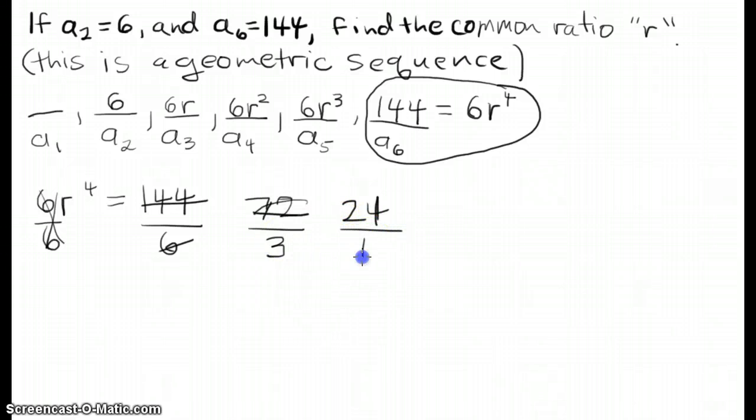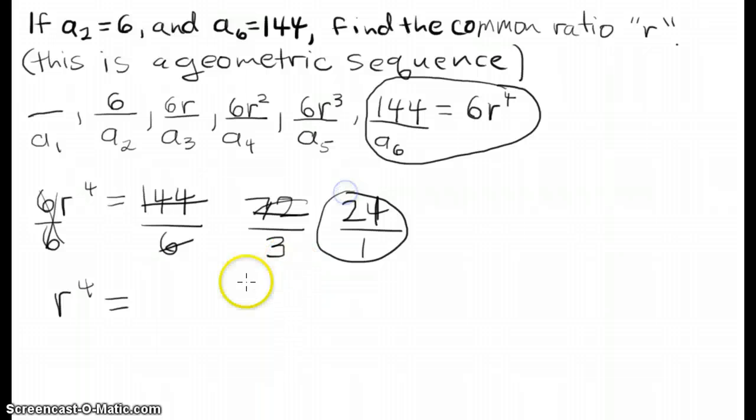And 3 goes into 3 just once. Now, if we rewrite this so that we don't have such a big mess, we can see that r to the 4th is equal to 24, because 24 divided by 1 is just 24.